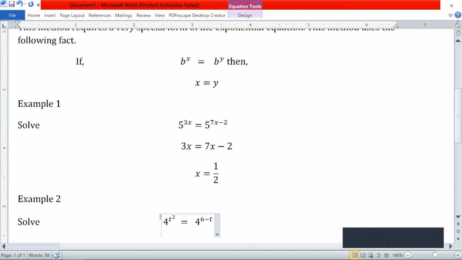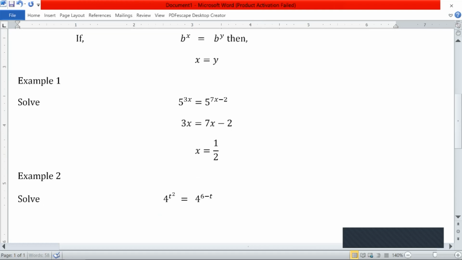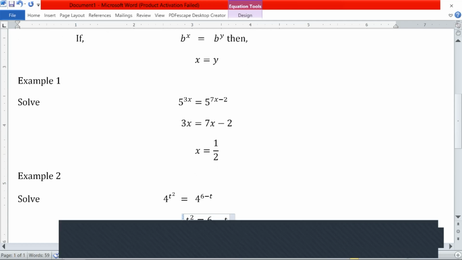So this equation again has that special form. You have two index numbers with the same base on either side of your equation. Since the bases are the same, the powers have to be the same, so you simply equate the powers. t squared must equal 6 minus t. Now that is no longer an exponential equation. You can just solve it now. That's actually a quadratic equation.